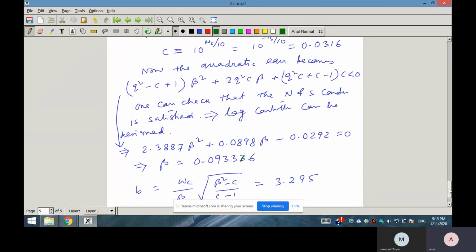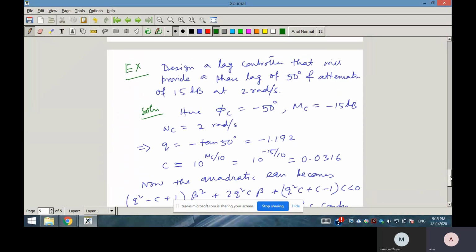Now, as we said in the case of the lead controller, how to implement it in an analog fashion? This is the main advantage of lag and lead controllers, and that's why they are used in industries, because they can be implemented in an analog fashion easily. They are first order controllers, lag and lead.